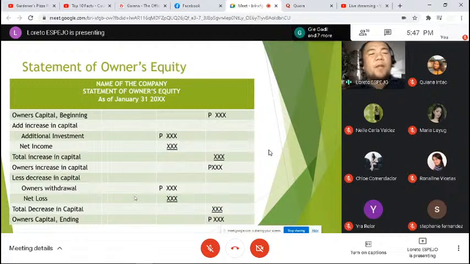The increase in capital may include the additional investment and net income. So, ayan na yung total capital mo for the meantime. Less decrease in capital. Yung decrease in capital may be from the owner's withdrawal or net loss. So, total decrease in capital. Ibawas mo lang yon, then that will be your owner's capital, ending.